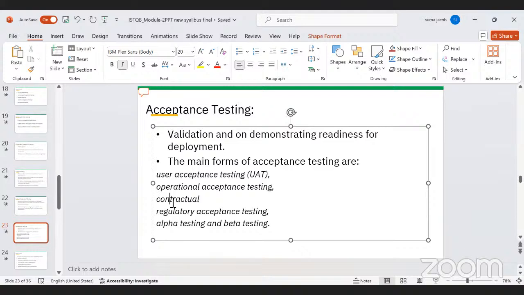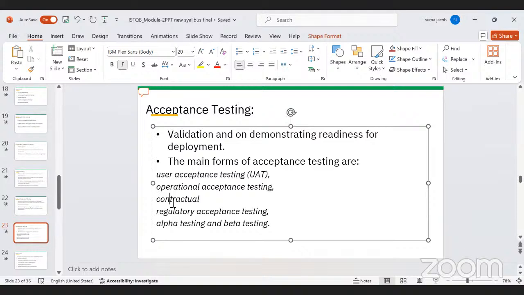For example, if it is written in the contract that this application should be developed for iOS as well as Android platforms, we have to make sure that the application is available, stable, and ready on both platforms. So any acceptance criteria mentioned in the contract that is being tested, we call contractual acceptance testing.